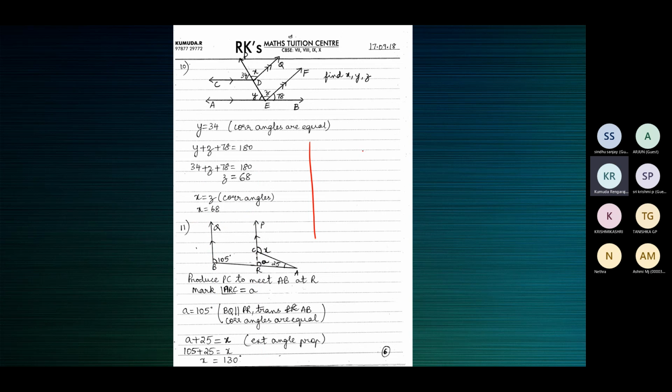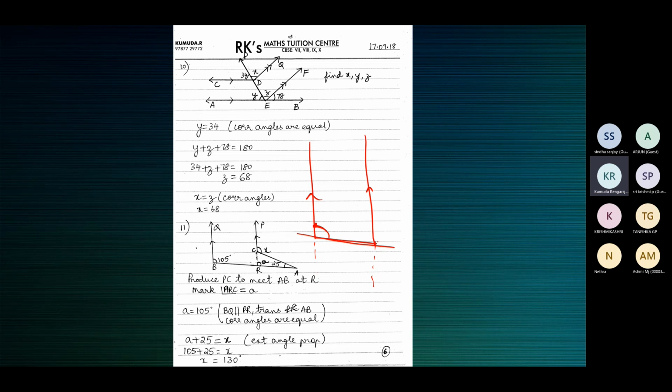So parallel lines, transversal. You can see the transversal like this. So see here, produce this, and produce this. You can see this angle here. This is the parallel line. This is the parallel line.